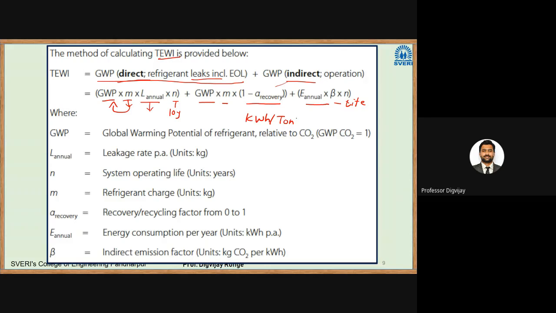So I will calculate this on a yearly basis. And from that, I can calculate the mass, and then I can multiply by GWP. Then I will get the indirect contribution. So this way they are calculating the TWI. So TWI is specifically used for refrigerant, but that global warming potential GWP is used for any gas.